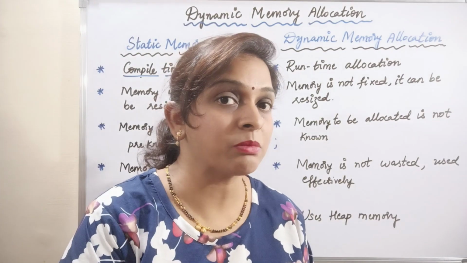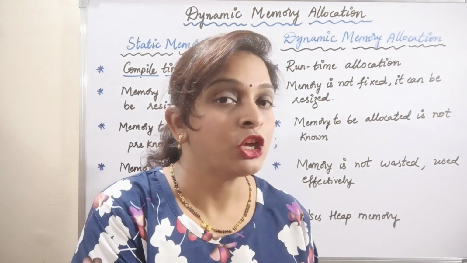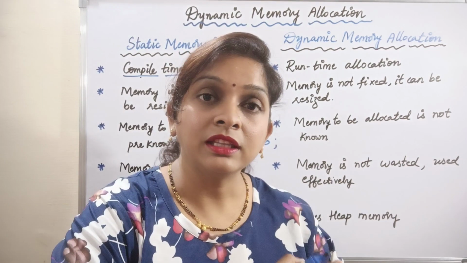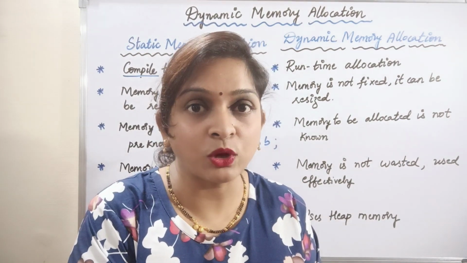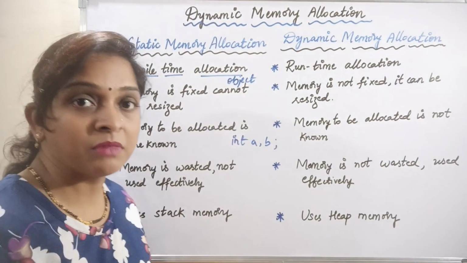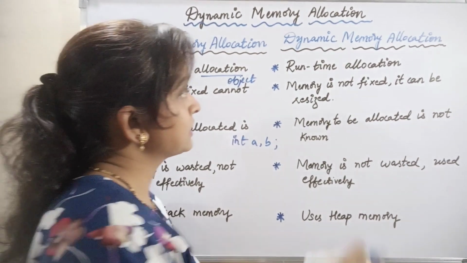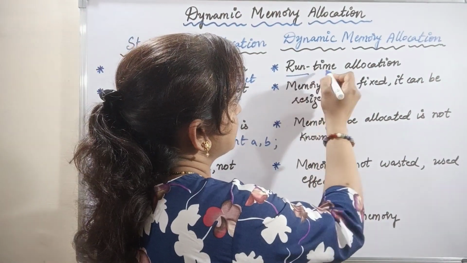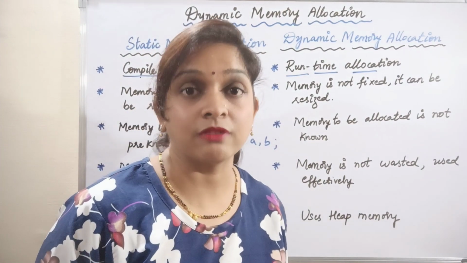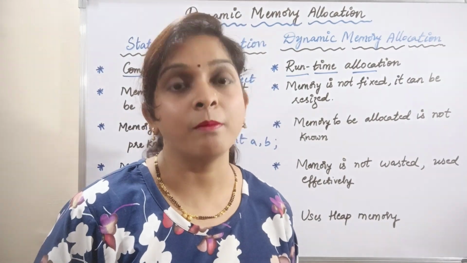Obviously, when the program gets loaded to the main memory, only then the allocation will be done. But the amount of memory to be allocated is fixed. So we say it is compile time allocation. Whereas dynamic memory allocation is runtime allocation. That is, during execution time itself, we allocate the memory.